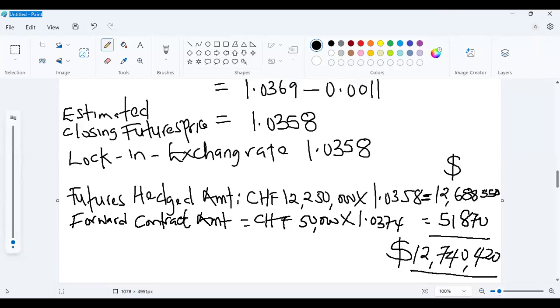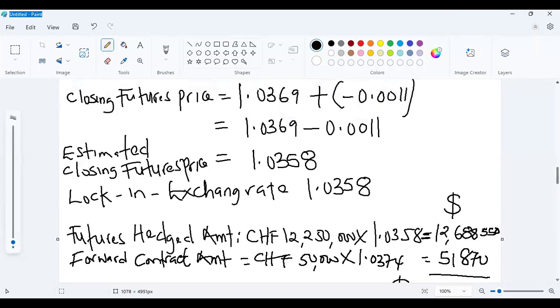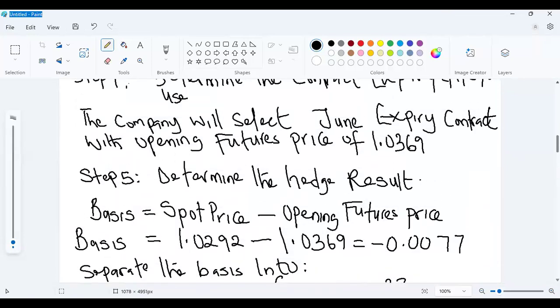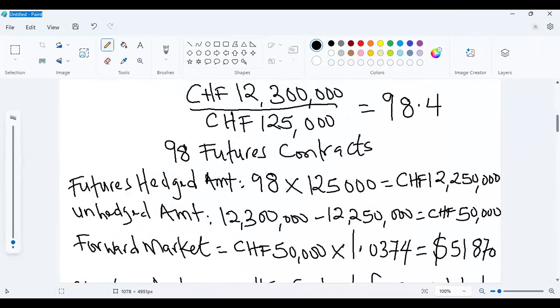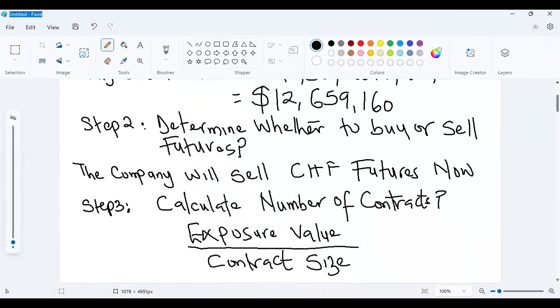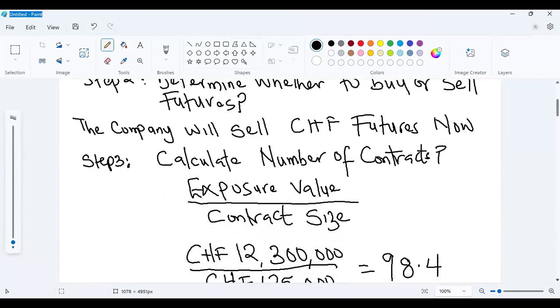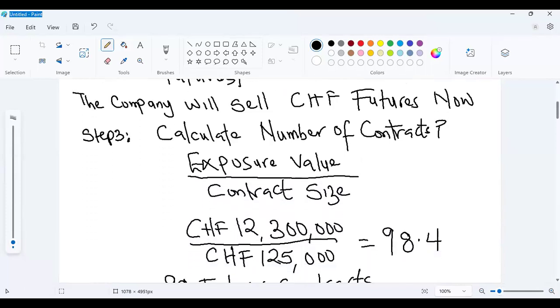Look at the targets. Our target is we must not get less than 12,659,160. So at the end of the hedging, the company will get 12,740,420.